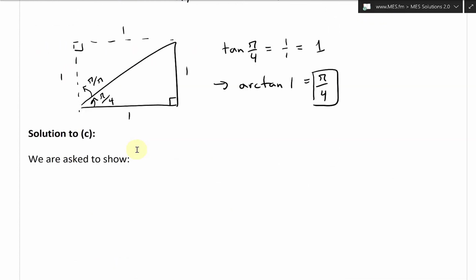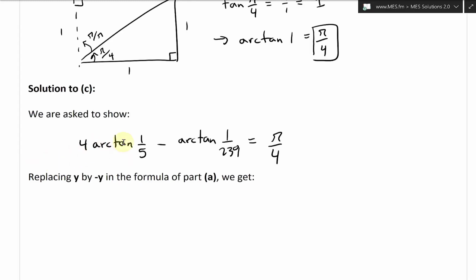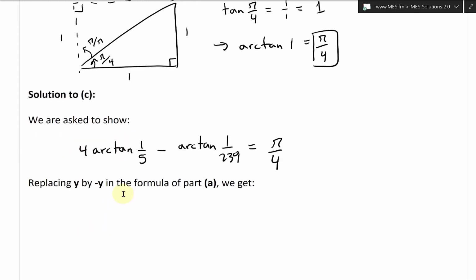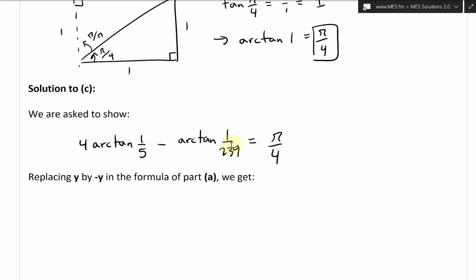So we are asked to show that 4 arctan 1 over 5 minus arctan 1 over 239 is equal to pi over 4. Alright, so now to try to demonstrate this, first notice that this has a 4 there, so that means we're adding up arctan setups.